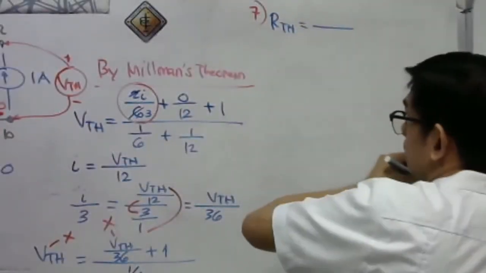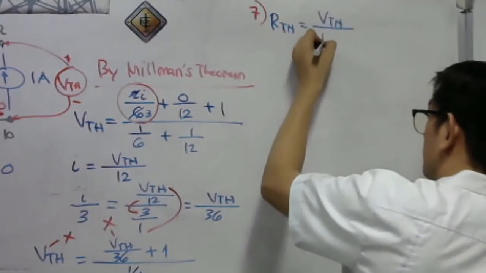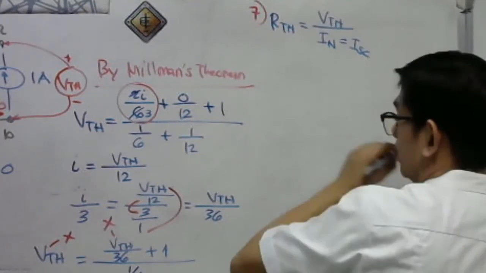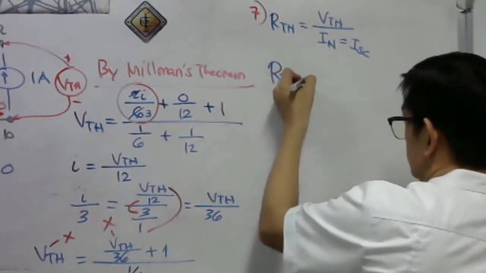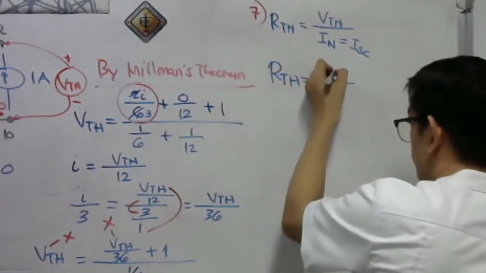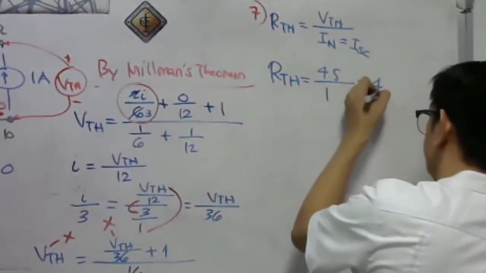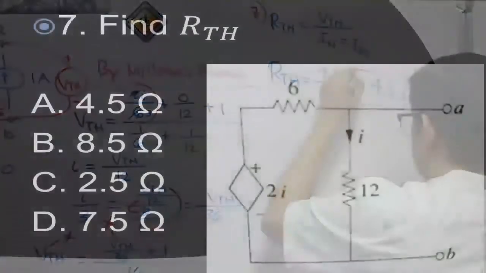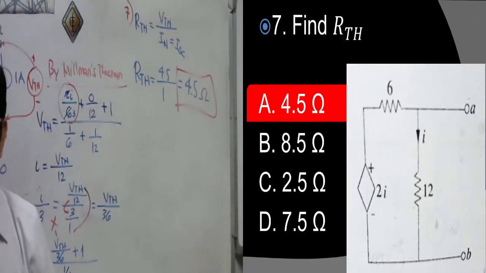It's simply equal to, by Ohm's law, VTH all over the Norton's current, or this is actually our short circuit current if we are to short the terminals A and B. The VTH is 4.5, and we assume that there is a current of 1 ampere here, or just simply 4.5 ohms. That is the answer, and that will be letter A, guys, no? So, 4.5, that is in ohms.